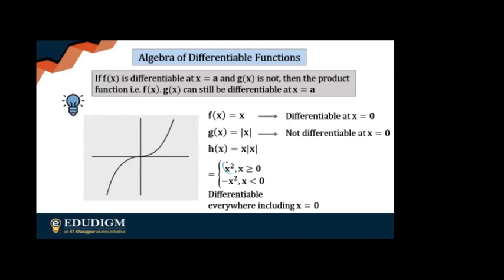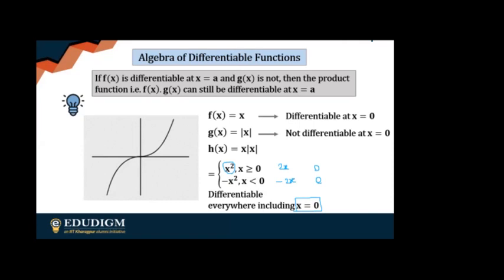Again, a very, very simple approach. This is 2x and this is minus 2x, okay? So when you are taking x equals 0, the left hand and the right hand derivatives are both 0. So this is actually differentiable at x equals 0, though individually they are not differentiable. So this is what we are trying to do here.